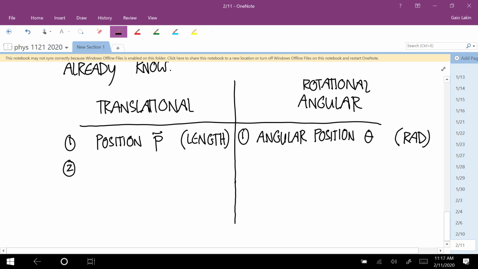Okay, the second one is, and so why I'm making these connections between these two sets of things, because a lot of the stuff that we're introducing, these angular quantities, you can kind of store in the same part of your brain that you store these translational ones. A lot of these relationships are going to be similar, we're going to see. So the second one is the velocity, V, and the units are length per time.